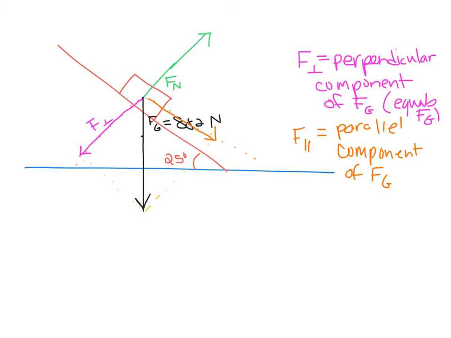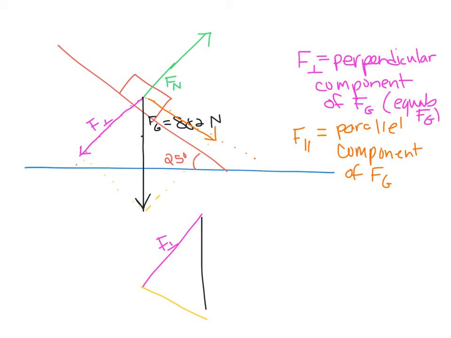And in order to do that, I'm going to redraw this. So my F perpendicular is right here. My Fg is right here. And this thing right here is my lower part of it.